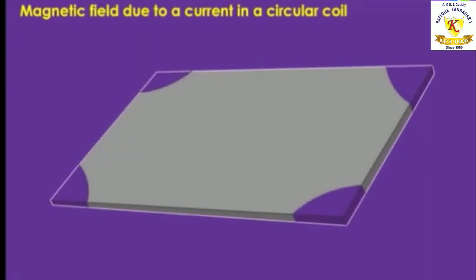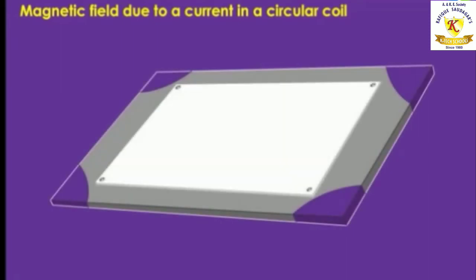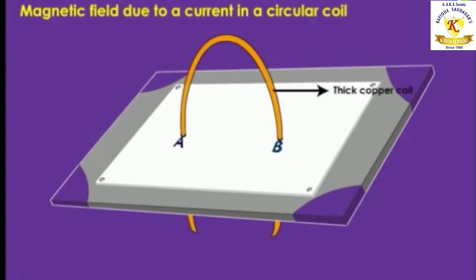Take a drawing board and fix a white paper sheet over it. Make two holes A and B in the drawing board and pass a thick copper coil through it.